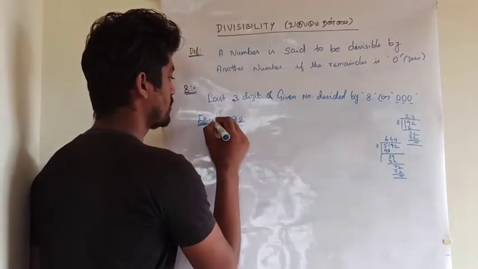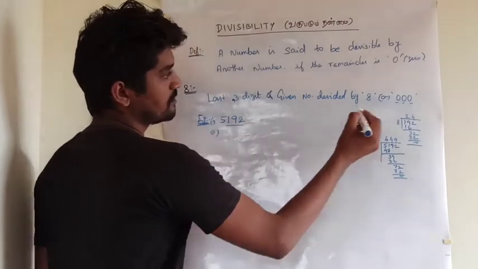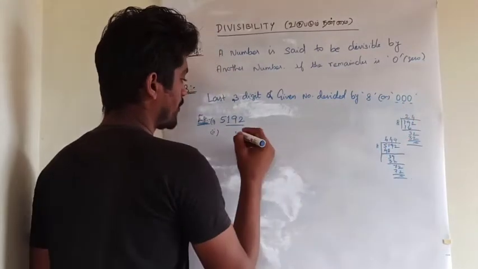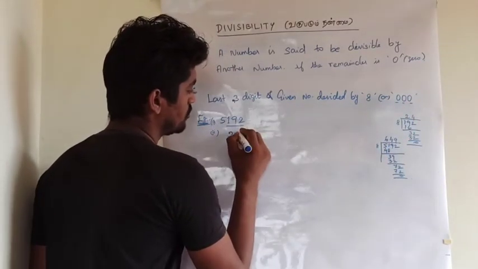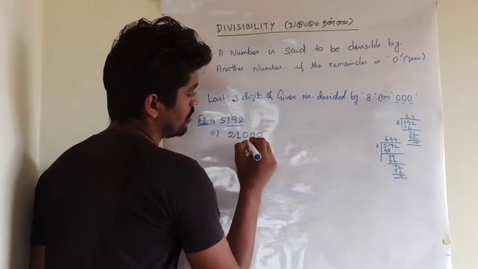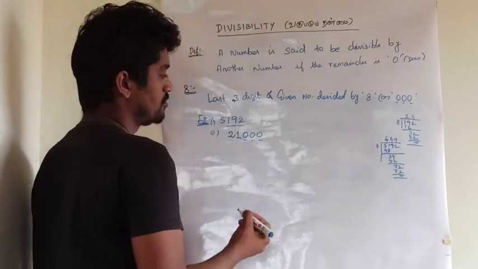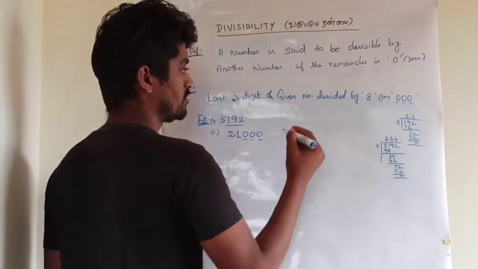The second example, where the last 3 digits are 0. For example, 21000. The last 3 digits are 0, so the total number is fully divisible by 8.